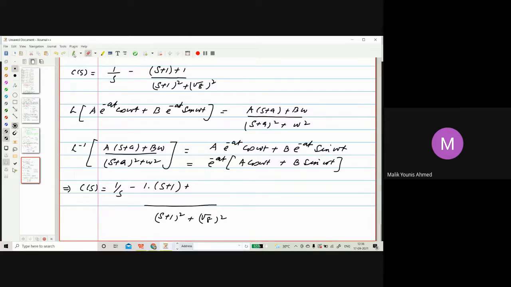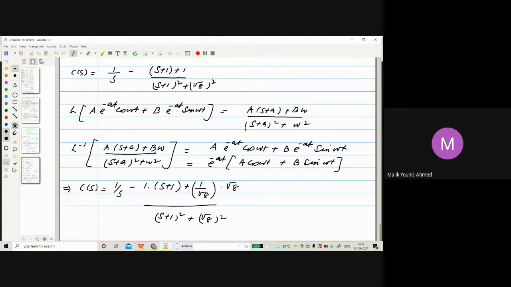I should rather write it this way, as people may get confused. So here omega square, instead of that it is Bω. Omega is √8, that is fine.